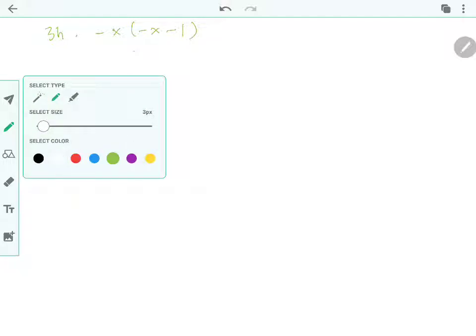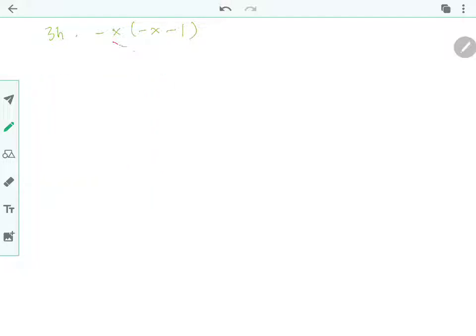Just like I told you before, we just need to do the rainbow method. So negative x times negative x, negative times negative equals positive. So that equals positive x squared. Negative x times negative 1 equals positive again. So positive x. So this is the final answer.